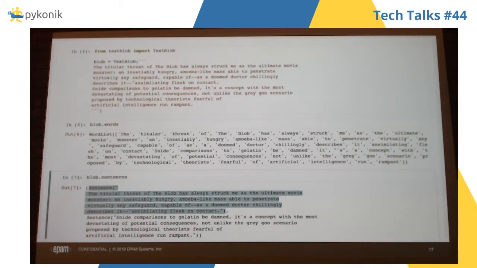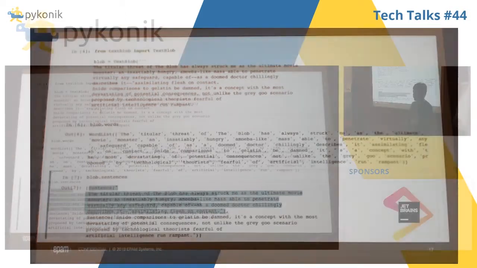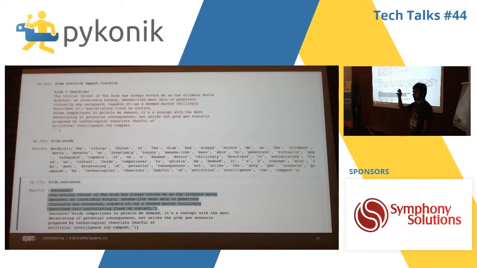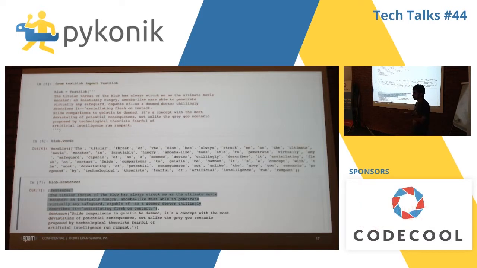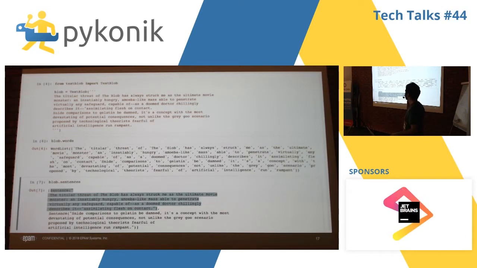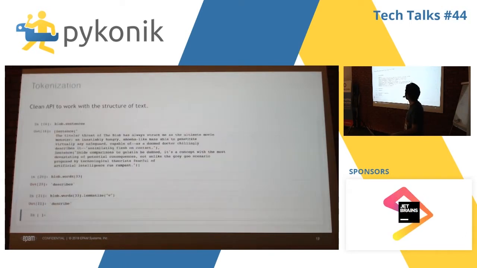It's basically the text split by dots, but it's more than that, actually. For instance, if you have 3 dots, or an exclamation mark, it also understands that this is a different sentence. So we looked at the words and sentences.